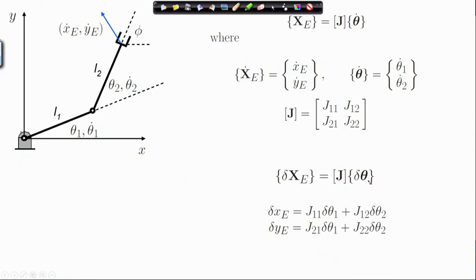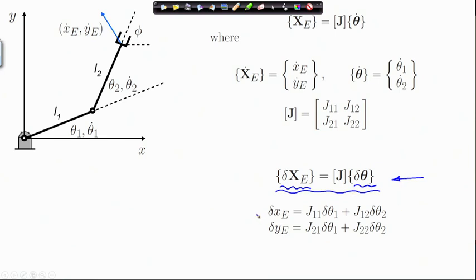Starting from there, we can now write the virtual displacement relations when we freeze time and provide an arbitrary input virtual displacement delta theta, and obtain the corresponding output virtual displacement delta x_e, and they are related through the Jacobian as we observe here.